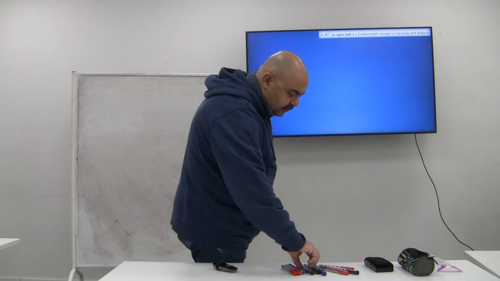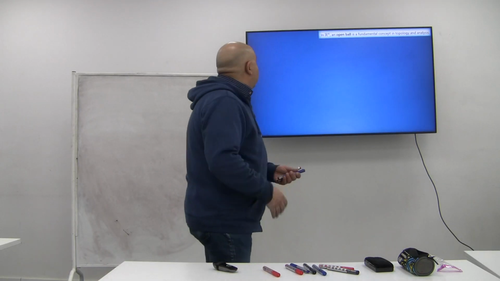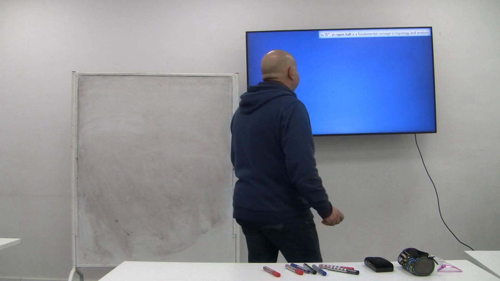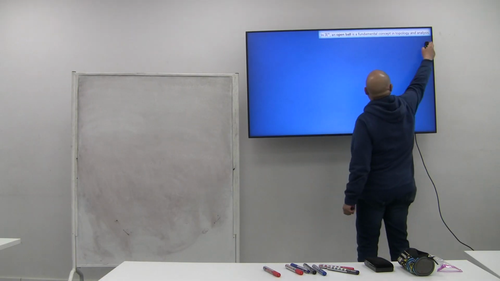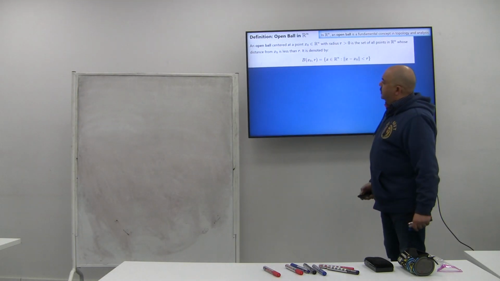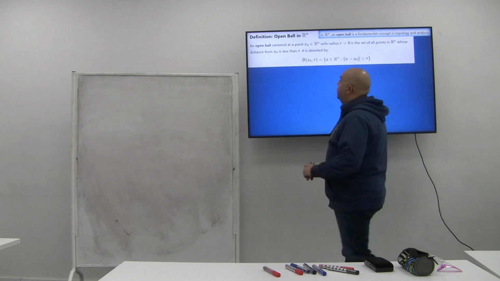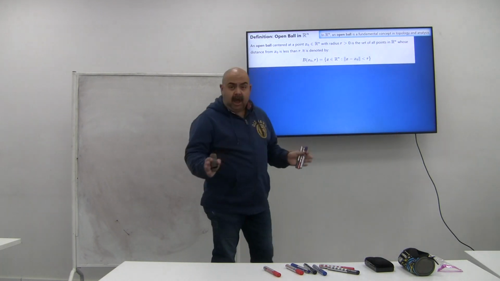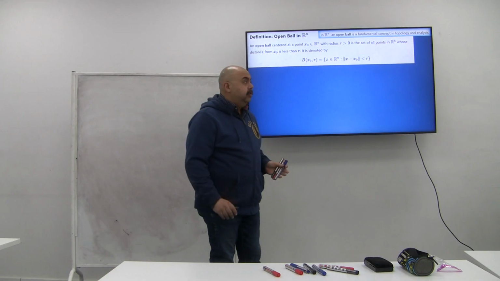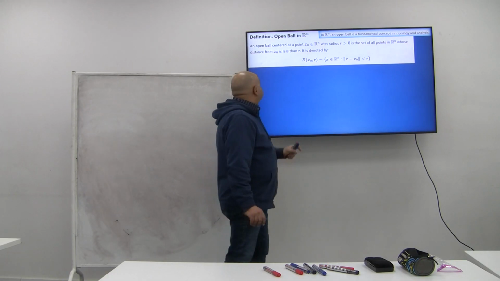Okay, let's start with the definition of the open ball, and it's one of the fundamental concepts in topology and analysis in general. The definition of an open ball can be defined as this. I will read it and then I will make a simplification of the idea.